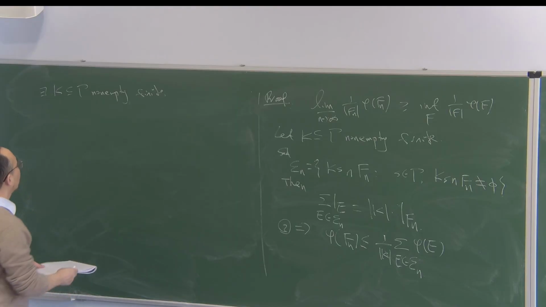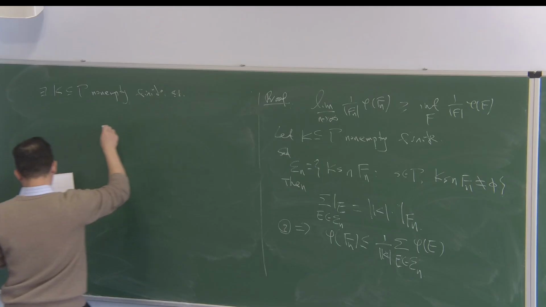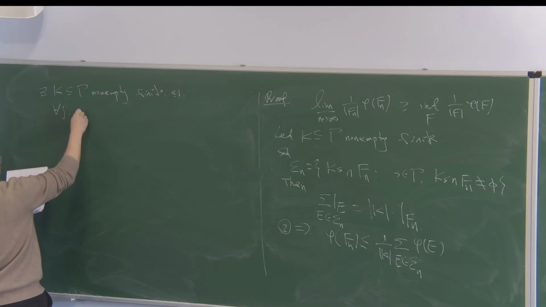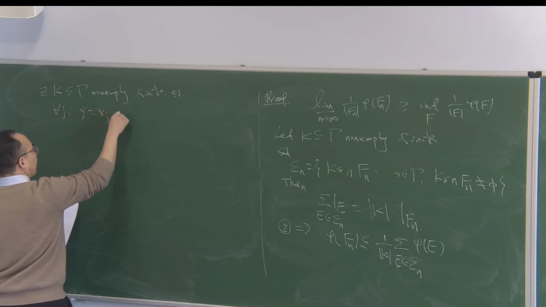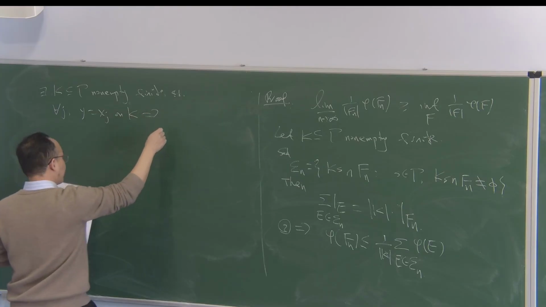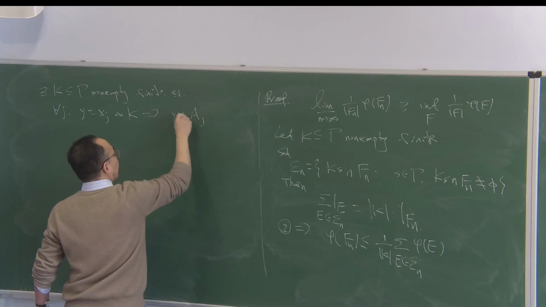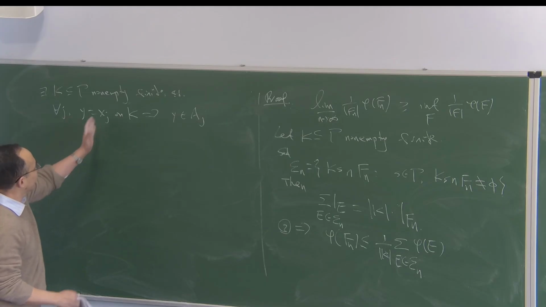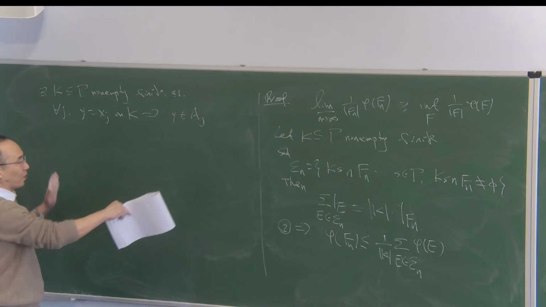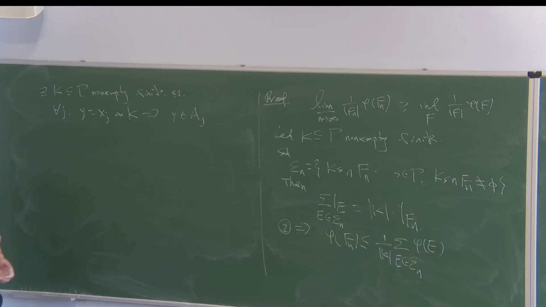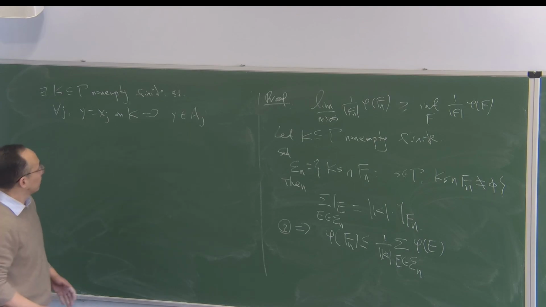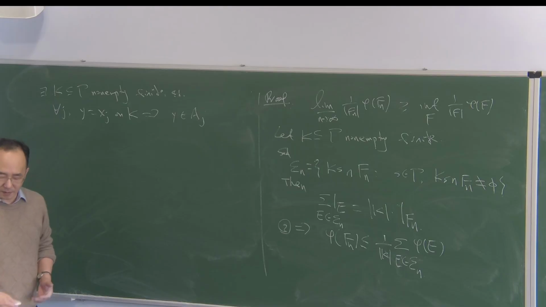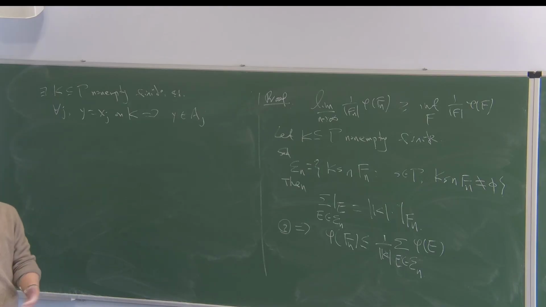So for any j, if y equals xj on K, then this implies y is already inside of Aj. Once you take K large enough, you can do this, and you can choose the same K for every j.